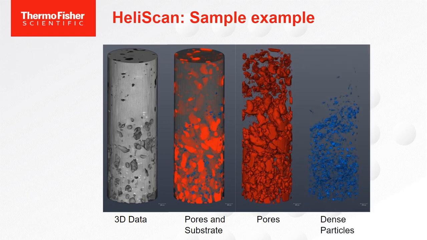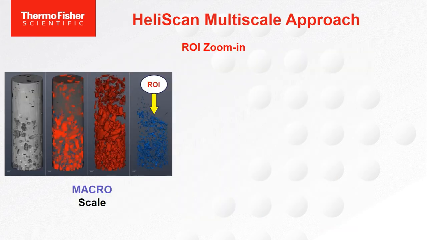The thing to note here is that on the right, as you look at those dense particles, they are certainly not what I would call equally distributed amongst that volume. They're very heterogeneous spatially along the sample.